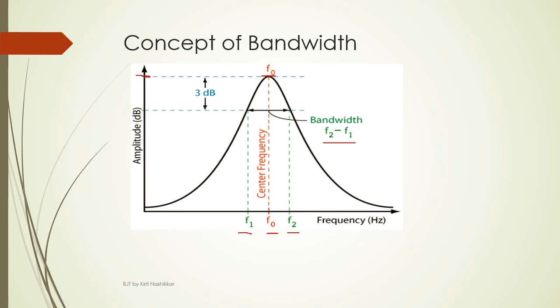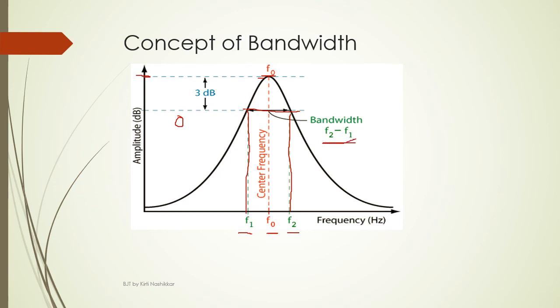Now when this amplitude falls to 0.707 of the maximum, these are the two points where the amplitude falls to 0.707 of the maximum value, and the frequencies of these two points are taken. The upper frequency is denoted by F2 and the lower frequency is denoted by F1, and the difference between these two will give us the bandwidth.